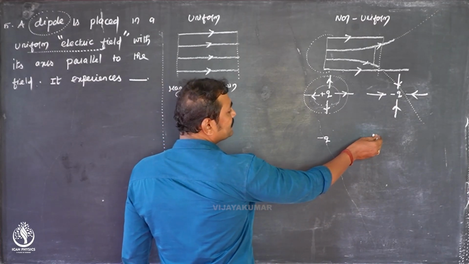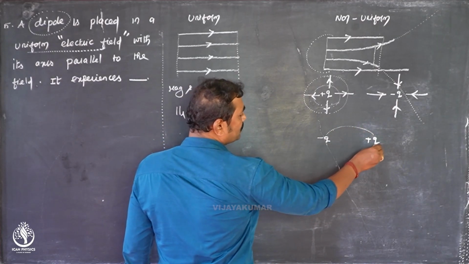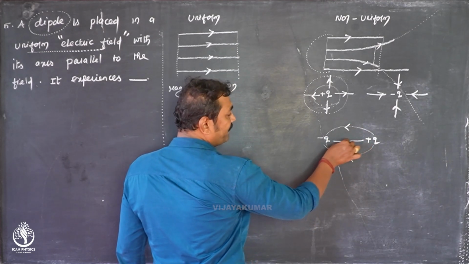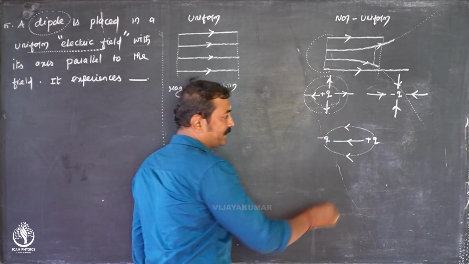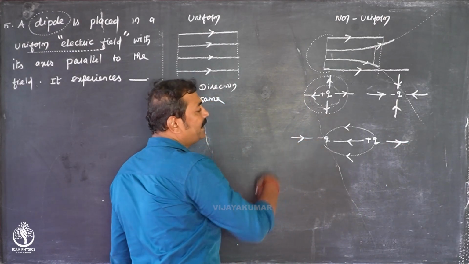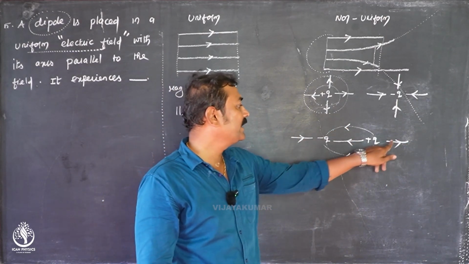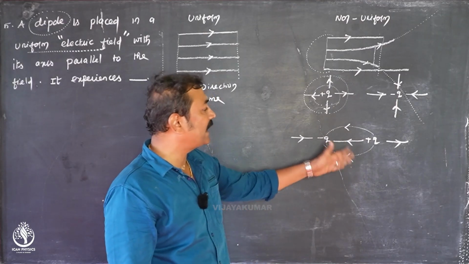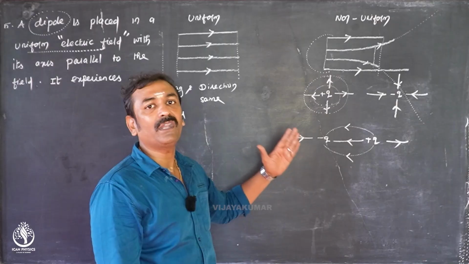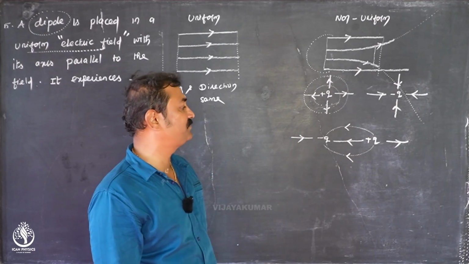The electric field lines always start from the positive charge and terminate at the negative charge. The positive charge gives radially outwards, here radially inwards. So each one gives a different direction. So the electric dipole does not produce a uniform field. It is a non-uniform electric field.